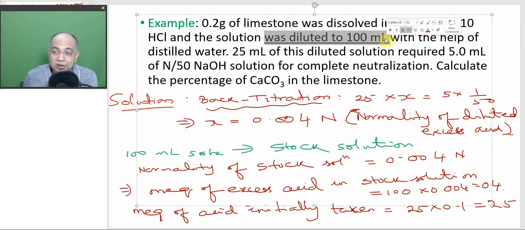I told you, in this case 0.2 gram of limestone was dissolved in 25 ml of N by 10 HCl. So calcium carbonate is all gone. The excess HCl is now diluted to 100 ml. That means you have added approximately 75 ml water, to make the entire volume 100 ml with the help of distilled water.